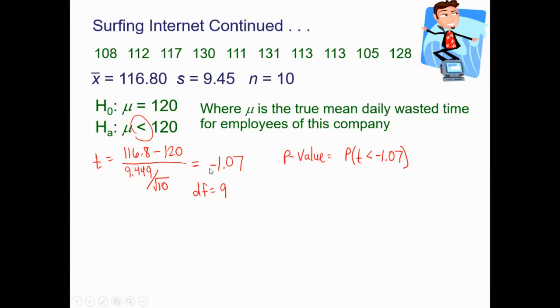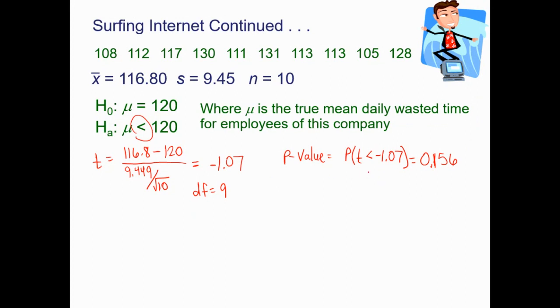Now, what I'll say is on the PowerPoint, it's going to be slightly off because they use the table. Keep in mind, the table only gives you critical values. What you would have to do is look for 9 degrees of freedom and then try to see which critical value this got the closest to.